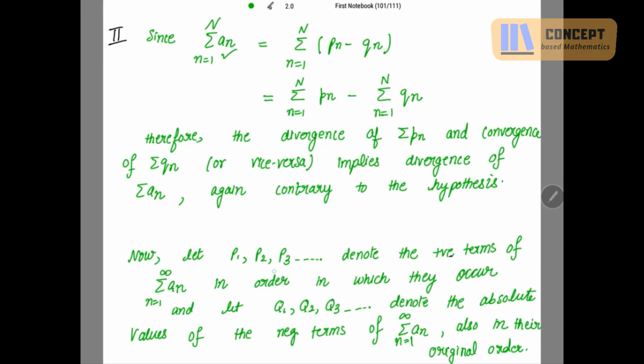Let P1, P2, P3 denote the positive terms of summation An in the order in which they occur. And let Q1, Q2, Q3 denote the absolute values of the negative terms of summation An, also in their original order. Because these are the absolute values of the negative terms, Q1, Q2, Q3 are also positive, right? So I am mentioning this P1, P2 and Q1, Q2.